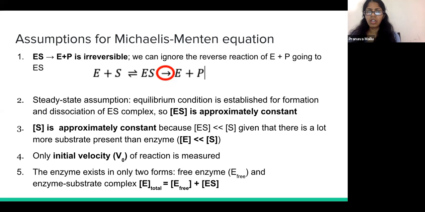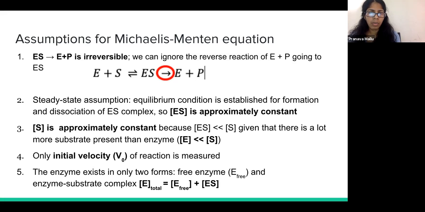Just know that there's always a ton more substrate than enzyme, and this is the basis for assuming that the substrate is approximately constant. You need to assume this because the substrate is your independent variable, so it needs to be constant in order for you to get reliable experimental data.